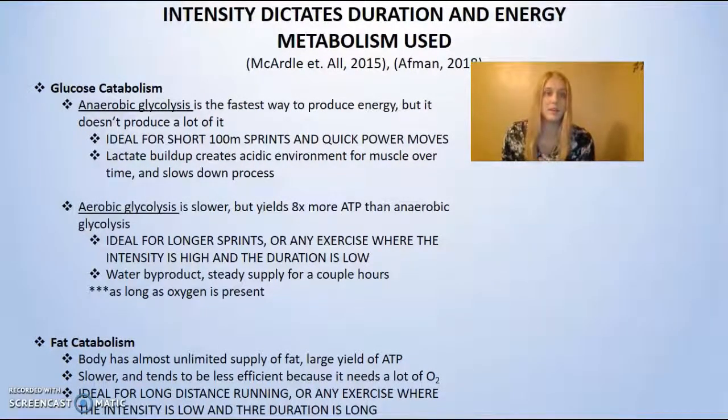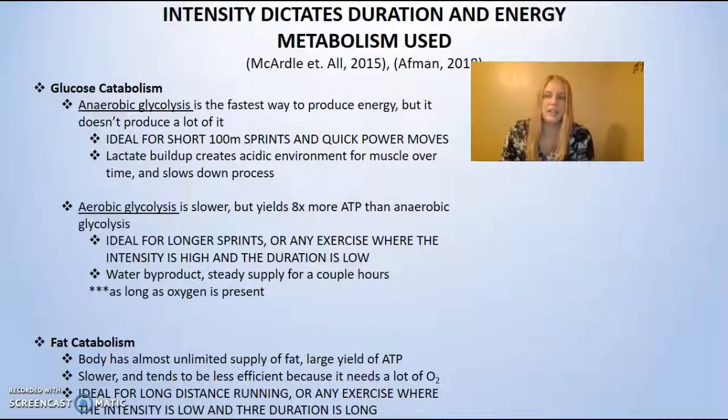Aerobic glycolysis is only possible if oxygen is present. And another thing that needs to be present, obviously, for glucose catabolism is glucose. So if the body is depleted in glucose, then this process cannot occur, or at least not efficiently.